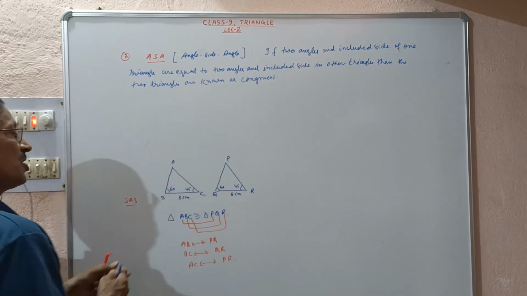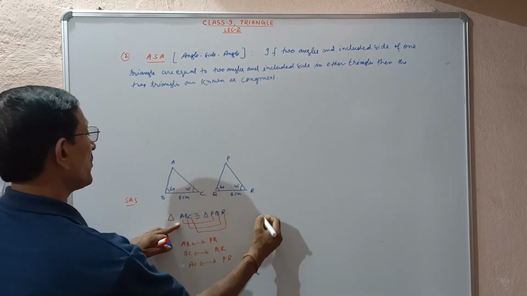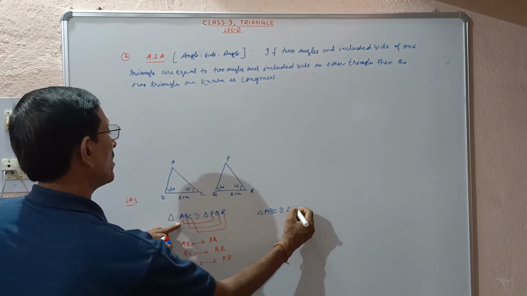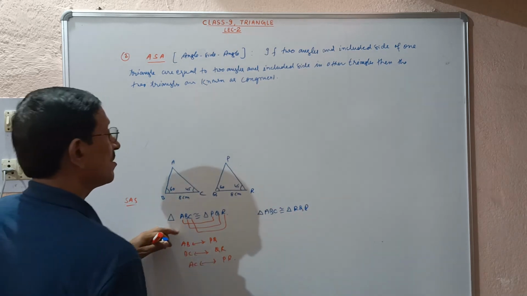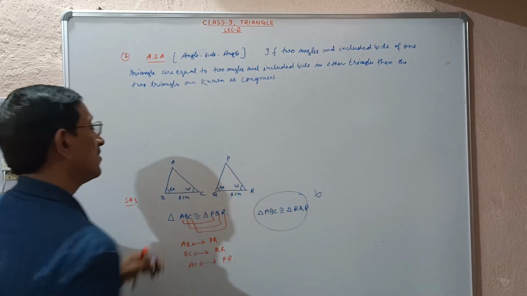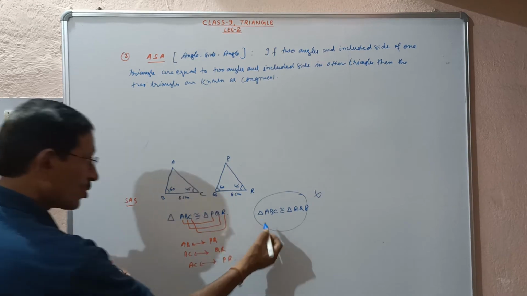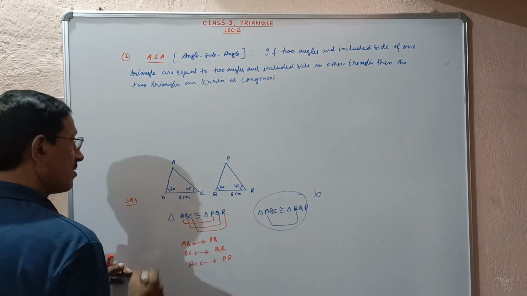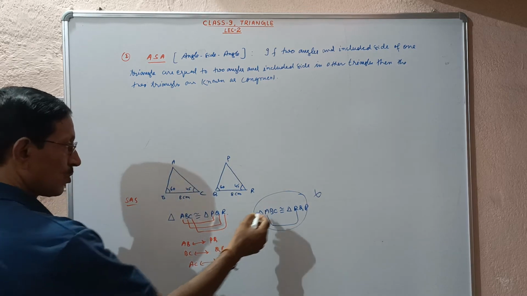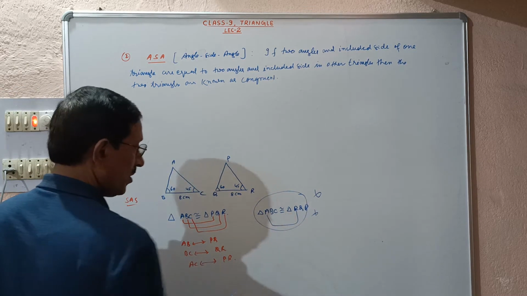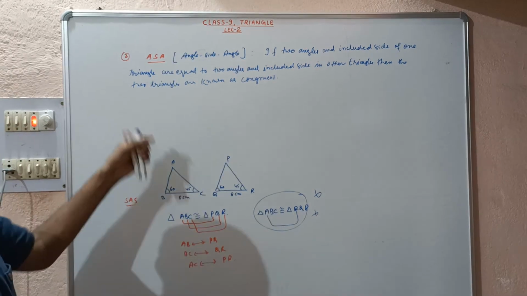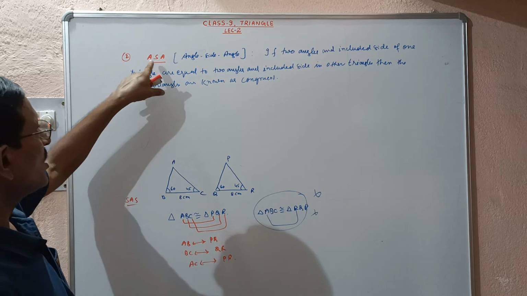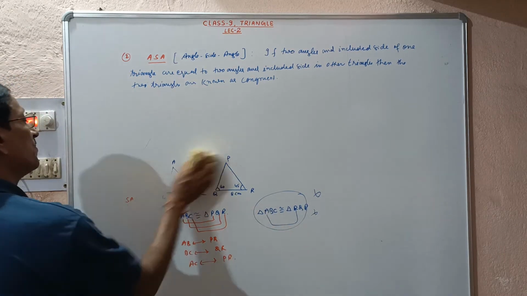If we disturb this order, that means if in this situation we write triangle ABC congruent to triangle RQP, then this is wrong. Because this shows that A corresponds to R, but here A does not correspond to R. A corresponds to P. So if we write like this, it will be wrong. So this is the second rule for the congruency condition, known as angle side angle.